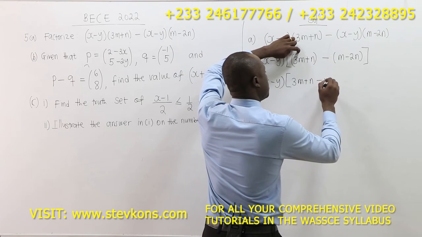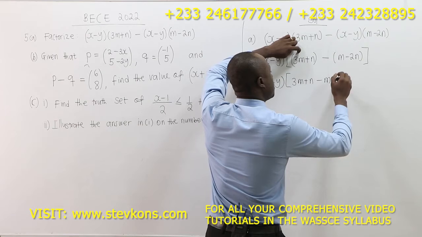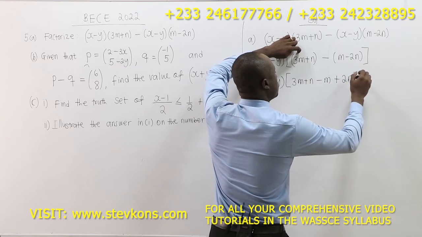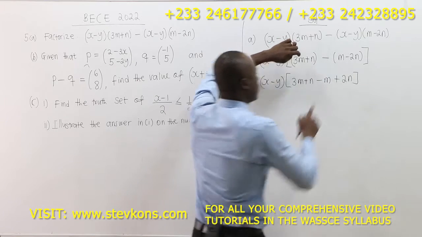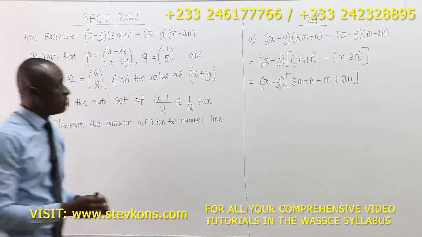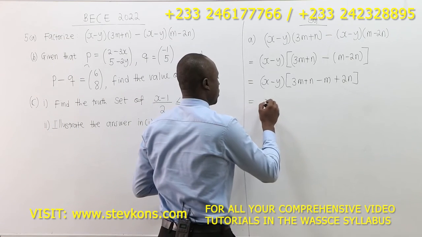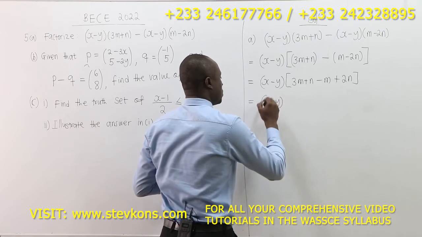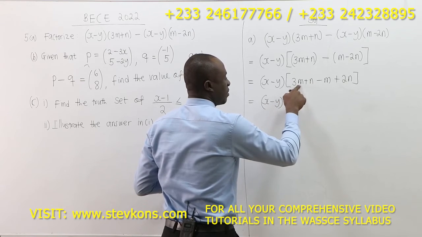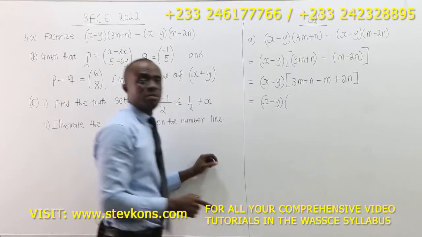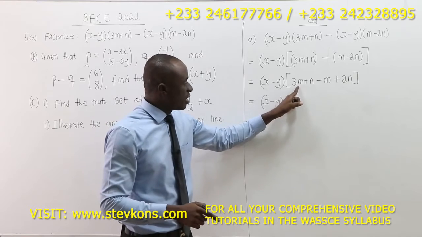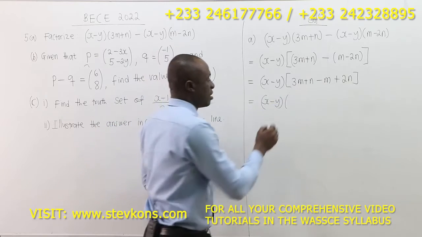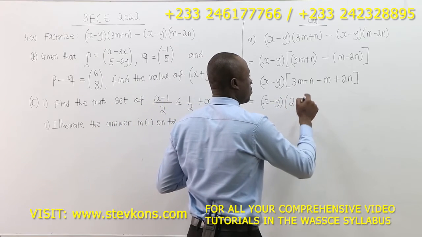Negative times m, negative m. Negative times negative, positive, so plus 2n. Okay, so from here we have x minus y. Now 3m minus m, and this is giving us 2m.